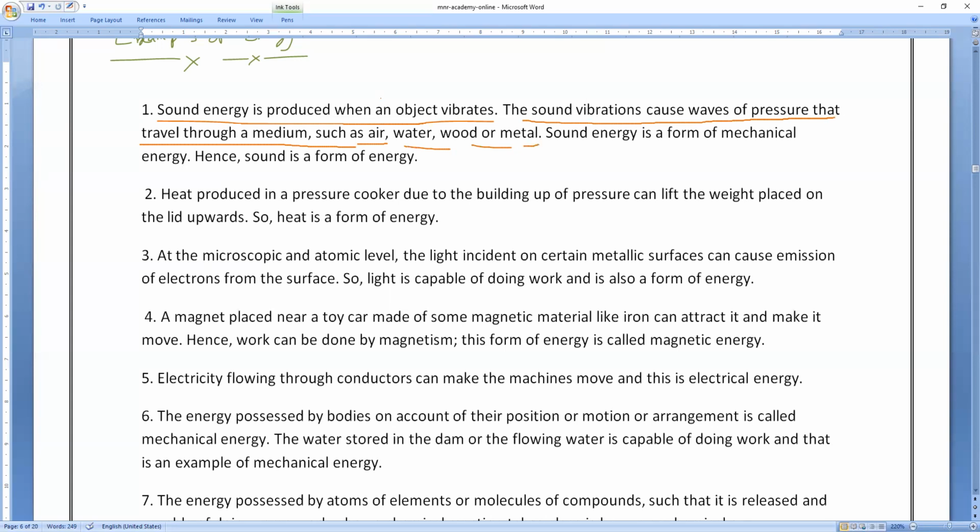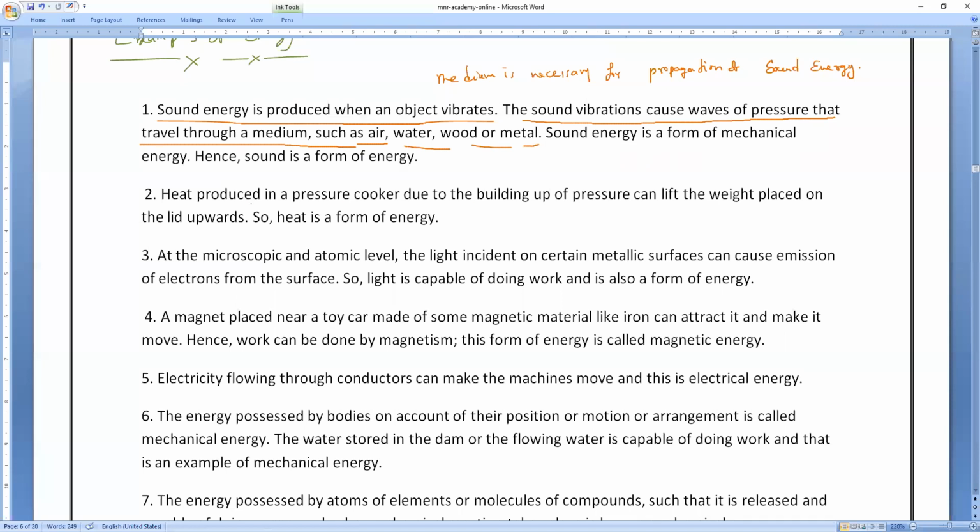So for propagation of sound energy, a medium is necessary. Medium is necessary for propagation of what energy, guys? Please speak: sound energy. For light, light can travel with or without a medium.